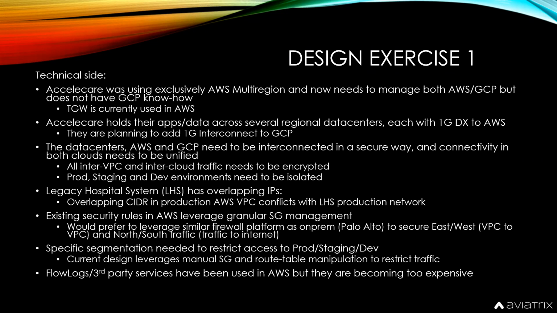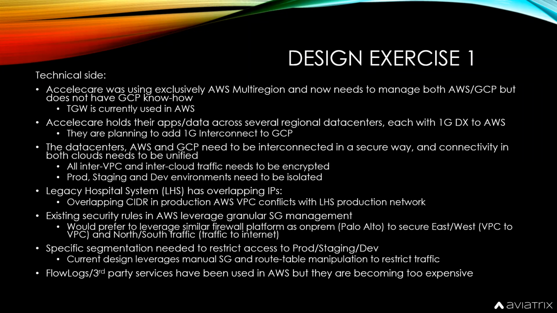And lastly, what we're looking at here is, what kind of logging and visibility would you recommend in this situation? Because right now the hospital system is really kind of at a loss for how they can get that visibility without spending an arm and a leg.